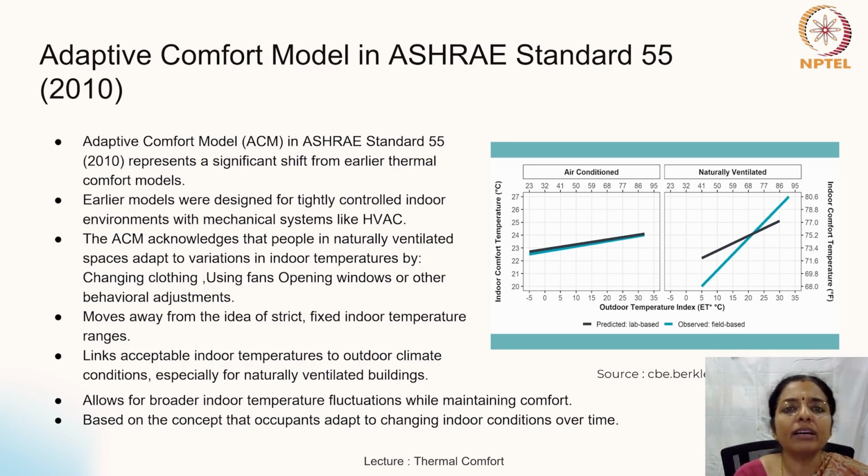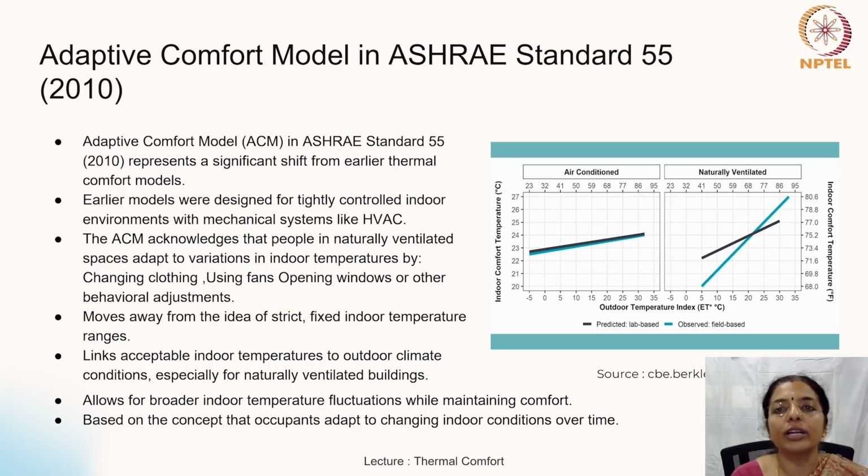The Adaptive Comfort Model or ACM in ASHRAE 55-2010 is a paradigm shift from earlier models of thermal comfort which were designed for tightly controlled indoor environments with mechanical heating, ventilation and air conditioning systems. The Adaptive Comfort Model acknowledges that people in naturally ventilated spaces tend to adapt to variations in indoor temperature by modifying their behavior, such as by changing clothing, using fans, or opening windows.